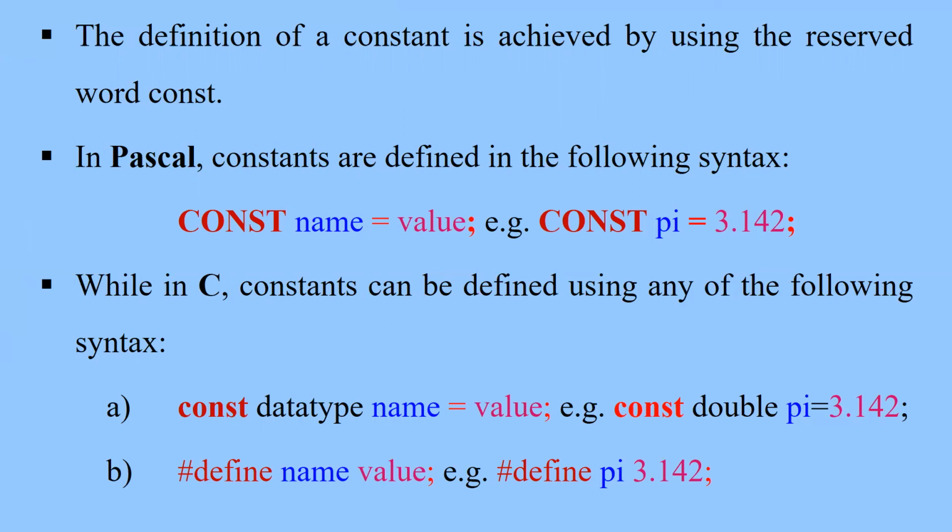Then the next action is we are initializing, we are storing in it a value 3.142. And therefore, we can still say that this statement performs two tasks. It creates a memory location of type const, and it initializes it. In other words, it assigns it a value during declaration.